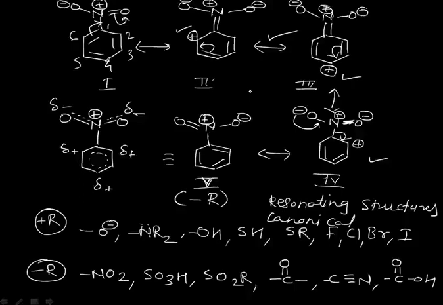Again, here we have two types of resonance effects, plus R and minus R, that is electron donating as well as electron withdrawing. And also we have come to an understanding of how those effects are going to increase or decrease the electron density at the site of reaction. And also we have discussed the various groups or substituents which are responsible for the electron donating resonance effect or the electron withdrawing resonance effect. Thank you.